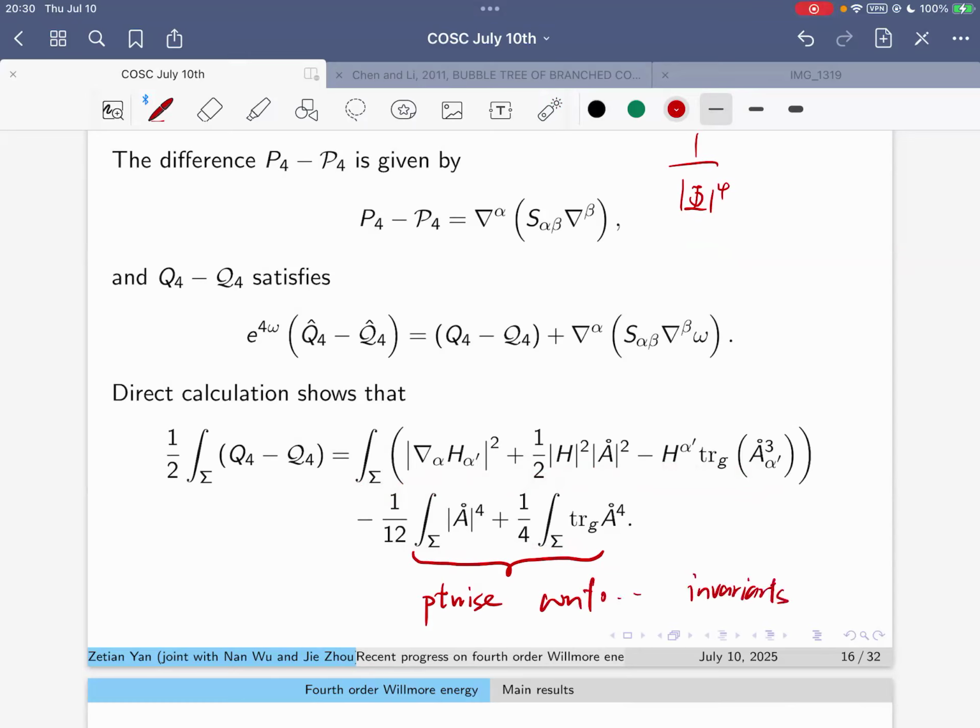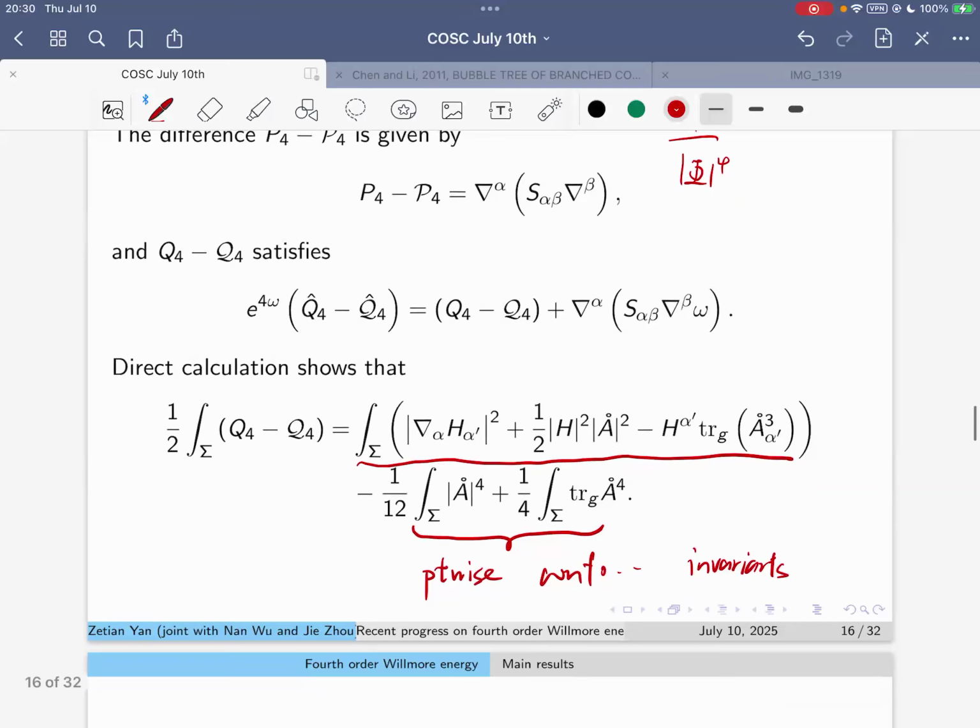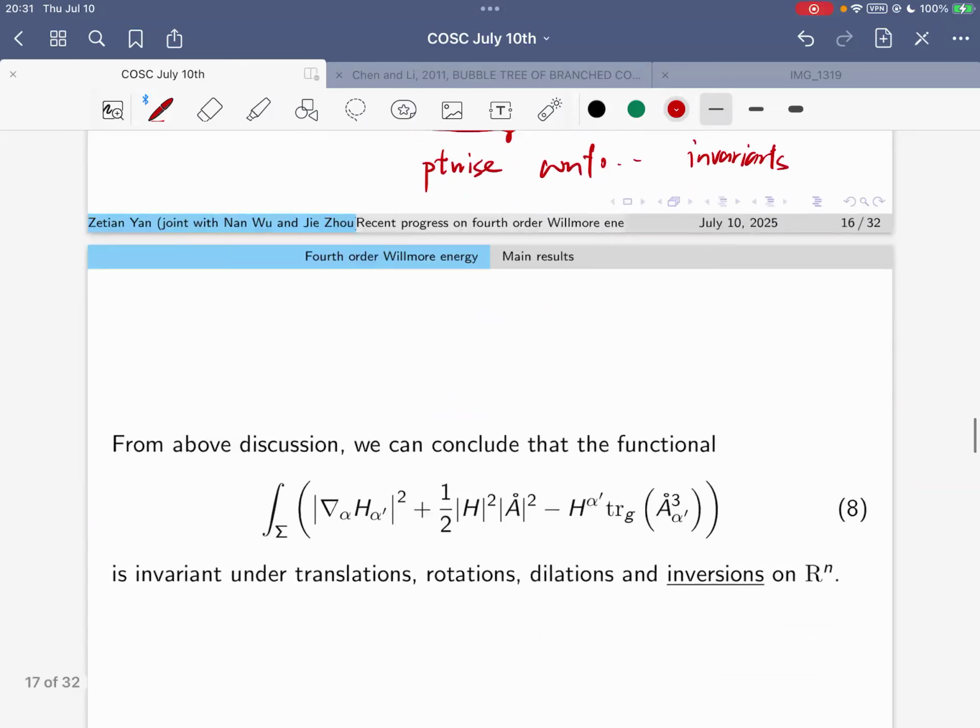So under the inversion, these two will not change. And this one is something new. The integrand in the bracket is not pointwise conformal invariant. However, this part is invariant under inversions. So this one will not provide the loss of energy under the inversion.